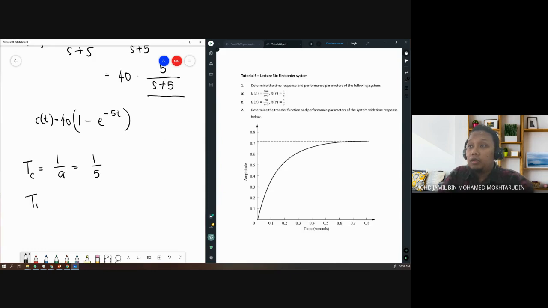Similarly Tr is 2.2 over a, so you get 2.2 over 5. And Ts is 4 over a, so it equals 4 over 5. The only thing that needs to be multiplied by 40 is the time response c(t). All the performance parameters remain the same because they only depend on the poles.